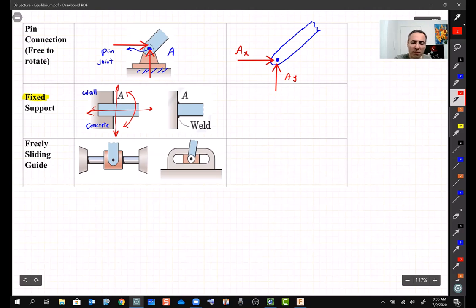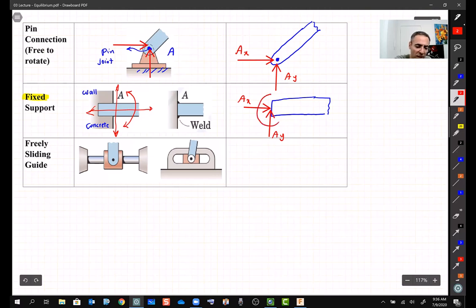So if I want to draw the free body diagram, then simply, if this is the bar, I have one reaction in X and one reaction in Y. Let's call this one again, if this support is A, this is Ax, this is Ay, and also there is going to be a reaction in the form of a couple, which we talked about on Tuesday, right?